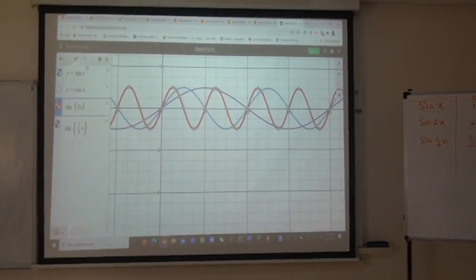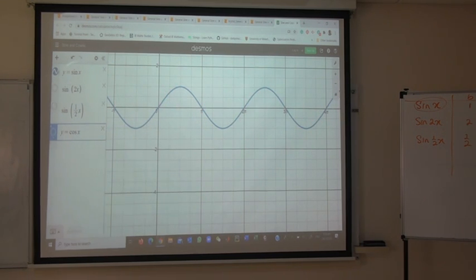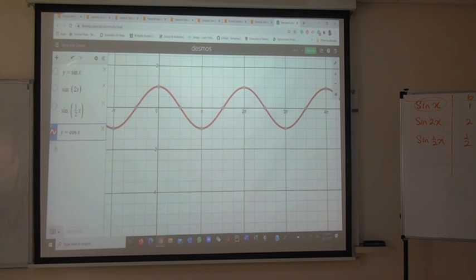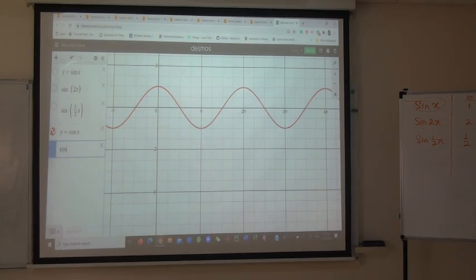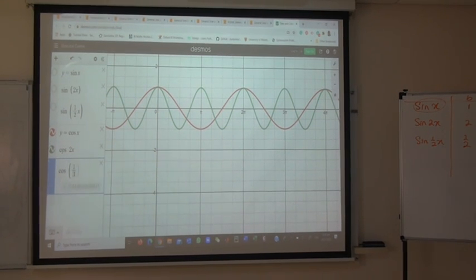And of course, we expect the same thing to happen to cosine, even though the investigation was not on cosine. We'll expect the same thing. So let's get rid of these. Cos 2x, cos, let's say 1 over 3x. Maybe we're just lucky the first time.